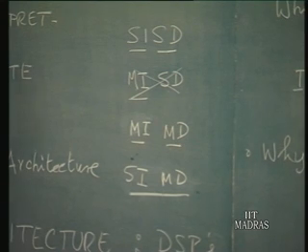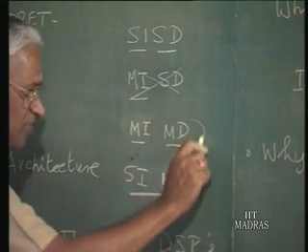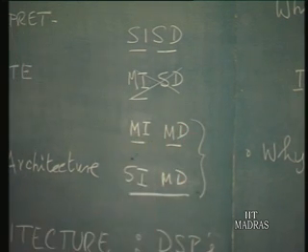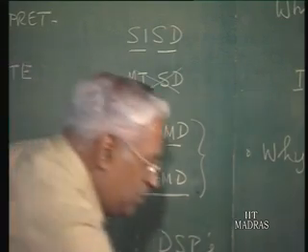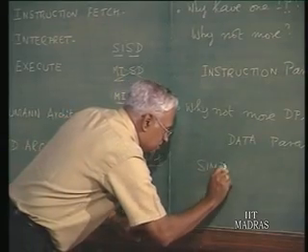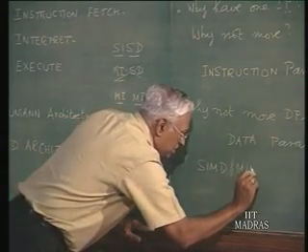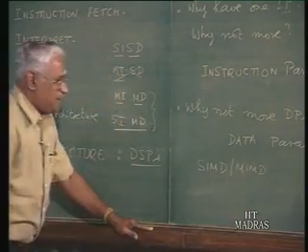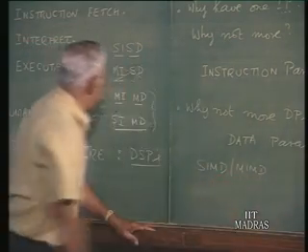Okay. So, generally when we talk about parallel architectures, we talk about multiple instruction, multiple data or MIMD, single instruction, multiple data or SIMD. So, generally we talk about MIMD or SIMD architecture, SIMD or MIMD architecture as far as parallelism is concerned. Okay.